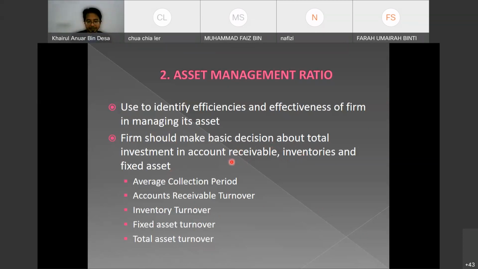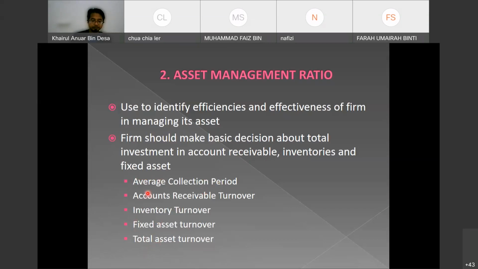Account receivable jangka pendek ataupun current asset, inventories also the current asset, fixed asset is the asset jangka panjang. Apa yang akan kita kira nanti adalah ACP, average collection period, account receivable turnover, inventory turnover, fixed asset turnover, and also total asset turnover.